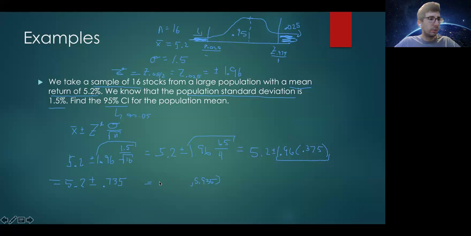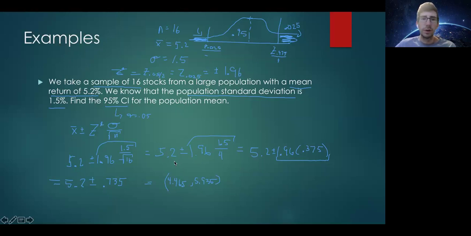And if I do 5.2 minus 0.735, I get 4.465. So this would be our 95% confidence interval for our population mean of stock returns for this population of stocks, right?